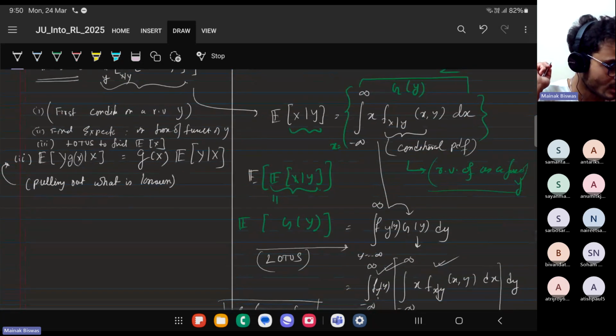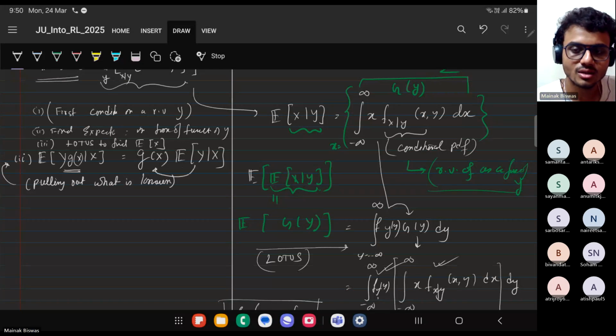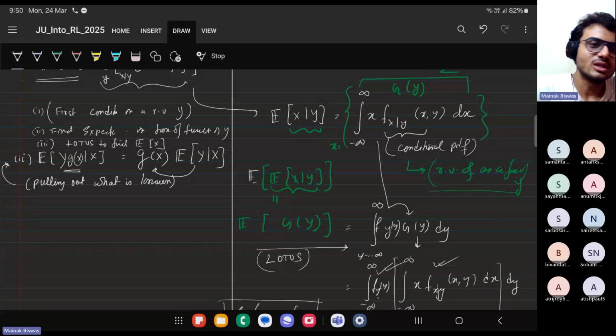The last thing is, if x is already given to you, I say that the expectation of y times g of x given x is the same as pulling out g. First, can you tell me the intuition of this? Anyone with the intuition? So see, x is already known. Yeah, tell me. Yeah, so the conditional probability would be a function of x, right? Yes, so we can then use LOTUS again. Correct, exactly.